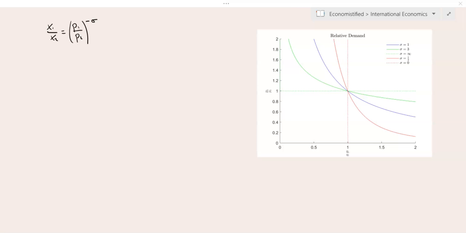Hi folks, I just wanted to recap some of the properties of demand functions under a CES utility function. Remember, a few videos back we looked at income elasticities of demand, and we found out that when the utility function is a constant elasticity of substitution, the income elasticity is always equal to 1, meaning there are no luxury goods and no necessary goods under a CES utility function.